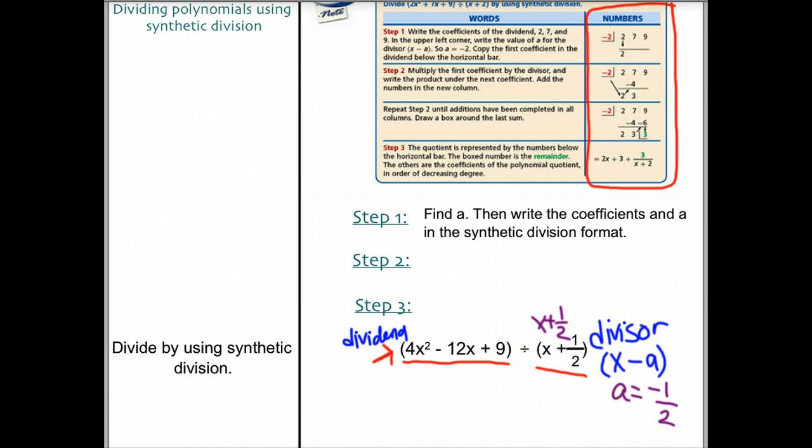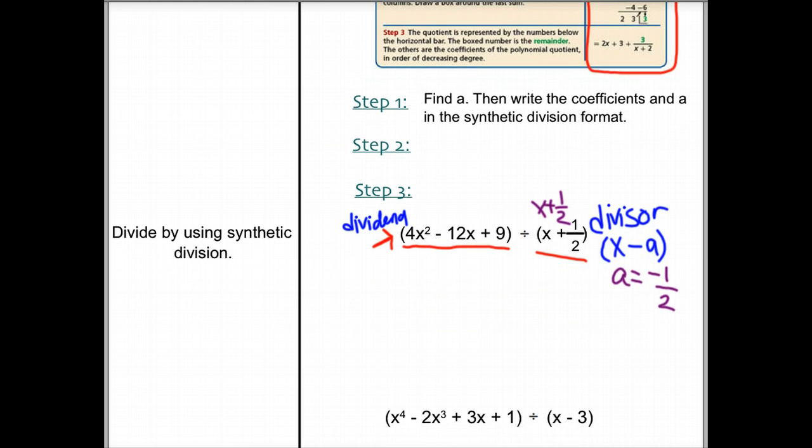The format is in this chart over here. So we'll go through this first example. We know that a is equal to negative 1/2, so we put it in its own little special box over here. So we just dealt with the divisor, and now we want to deal with the dividend. We put in just the coefficients: 4, negative 12, and 9.